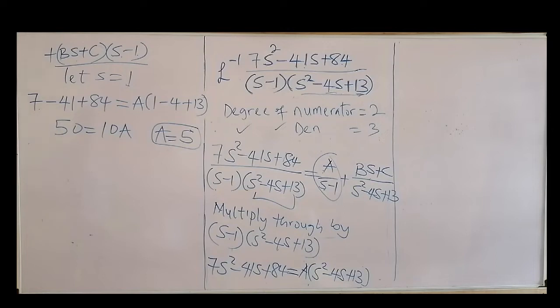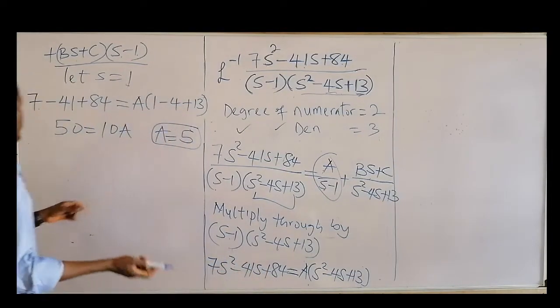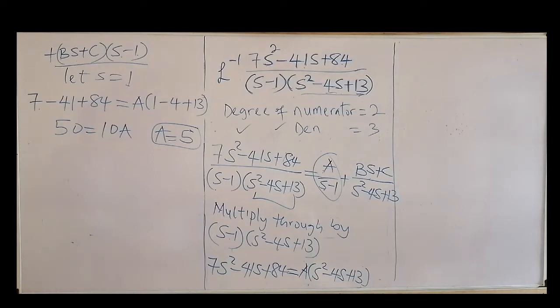Let's look at the way we can get the other constants, b and c. What we can do is equate coefficients, because we can't substitute anymore for this kind of question. Before we equate coefficients, let's do the arrangement.